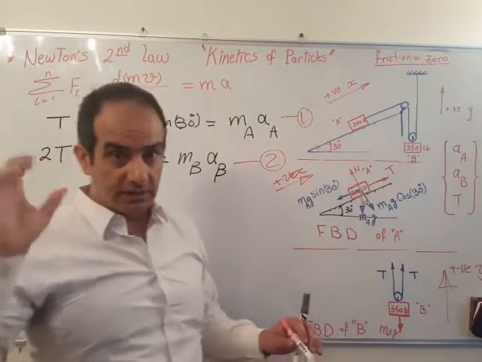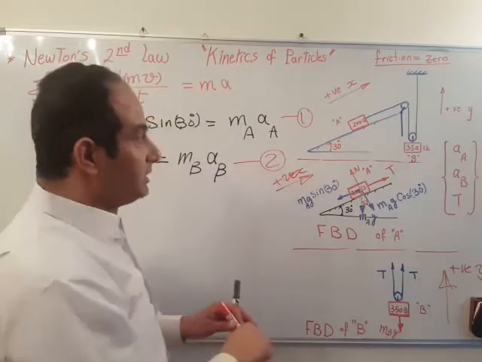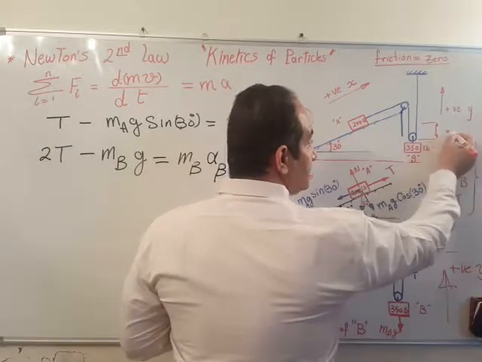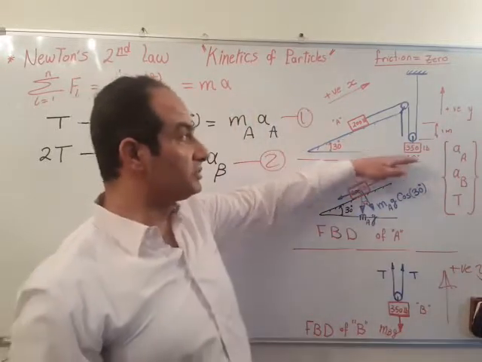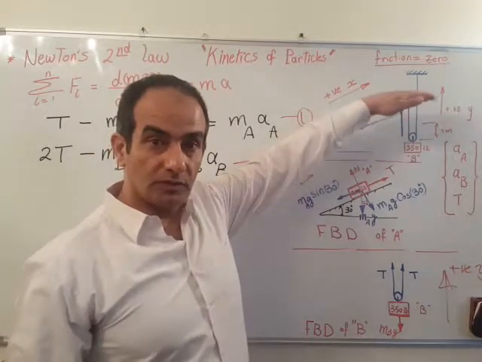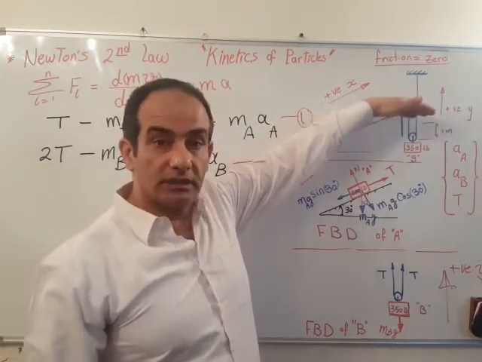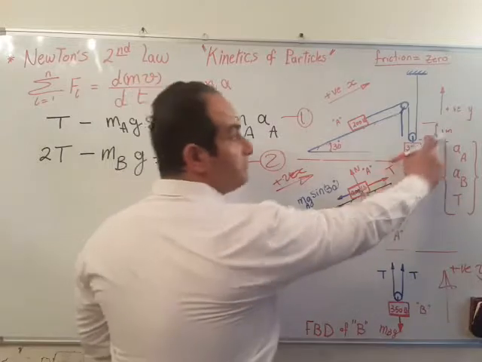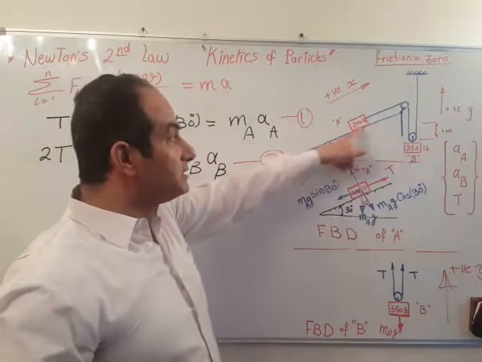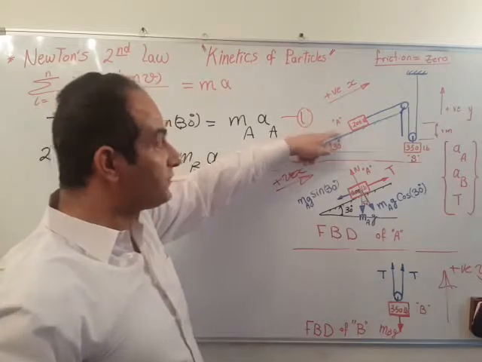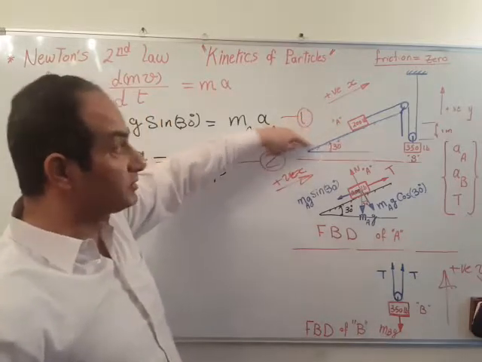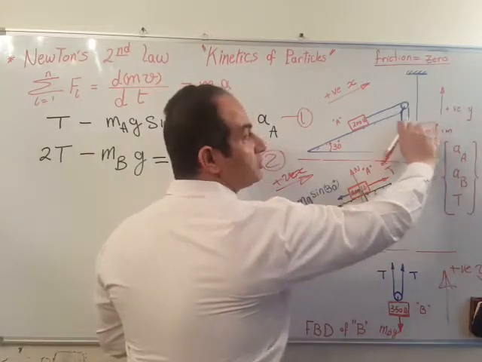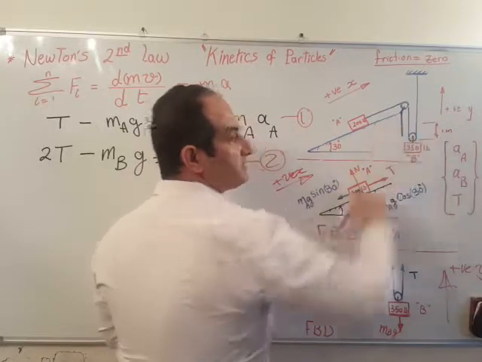If you remember the kinematics of these kinds of problems, you can recognize that if this mass is going to move upward 1 meter, this mass A will move downward on this inclined surface 2 meters, because we have 2 terminals, 2 sides for the string.